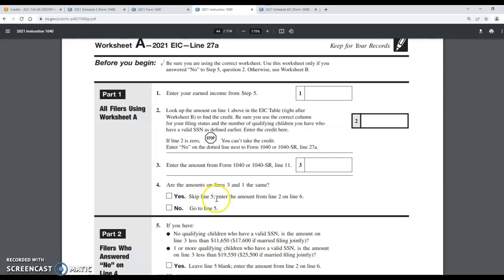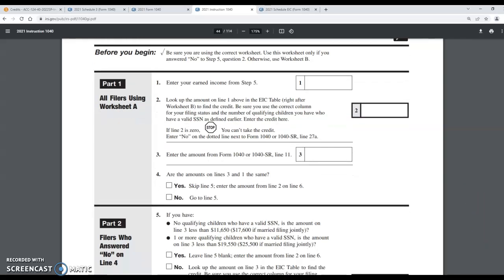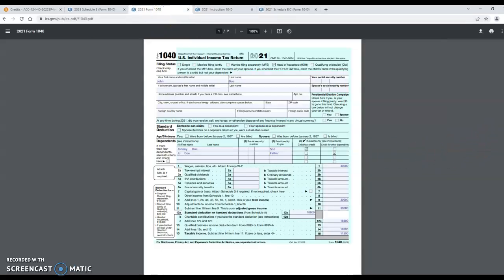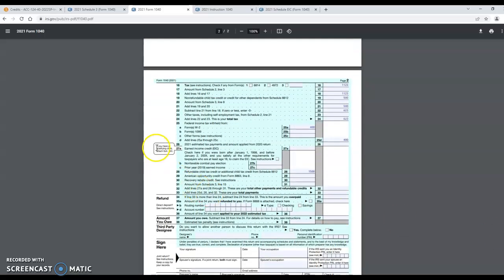It says skip line 5, enter the amount from line 2, which was the 1939, and add that onto line 6. It says enter this amount on Form 1040, line 27A. So here's line 27A, earned income credit, 1939.